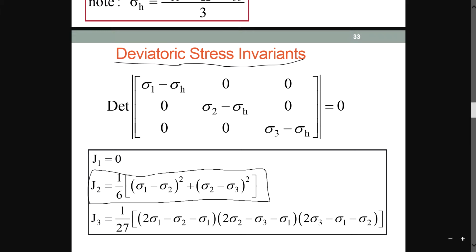or the constants for sigma squared, this is for sigma, and this is for sigma to the power of 0. And there will be some sigma cubed, but I don't go through it. J2 itself has a significant meaning to ductility.